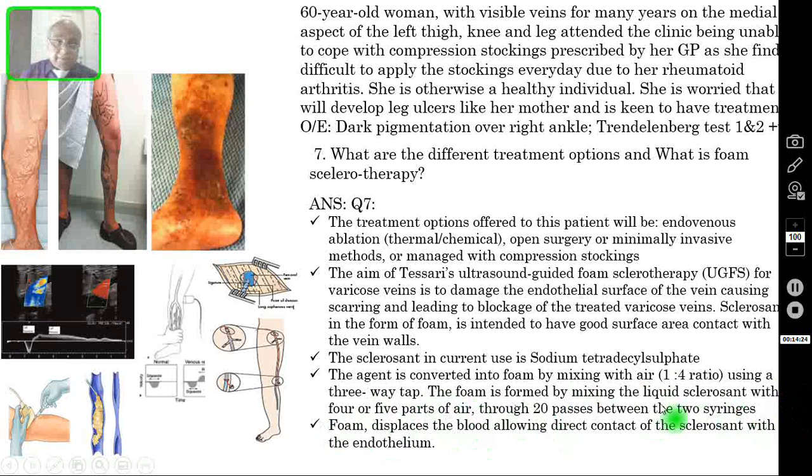You have to very fast exchange between these 2 syringes so that the air will mix with the sclerosant and that will form a foam. The foam usually displaces the blood, allowing the direct contact of the sclerosant with the endothelium of the vein wall.